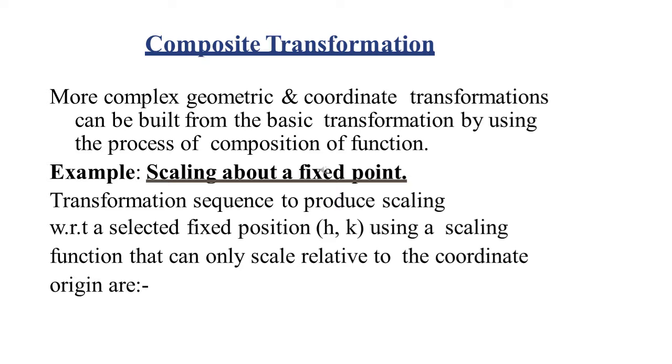For example, scaling about a fixed point: a transformation sequence to produce a scaling with respect to a selected fixed position (h, k) using a scaling function that can only scale relative to the coordinate origin.